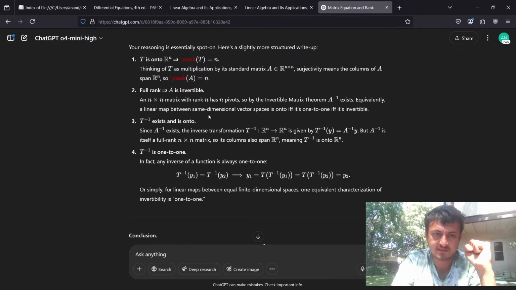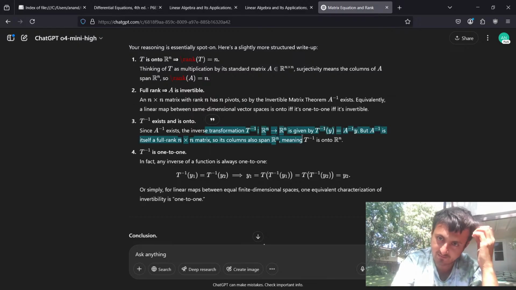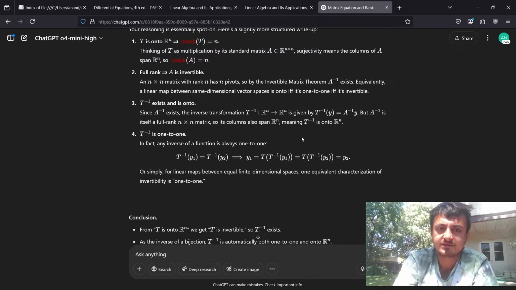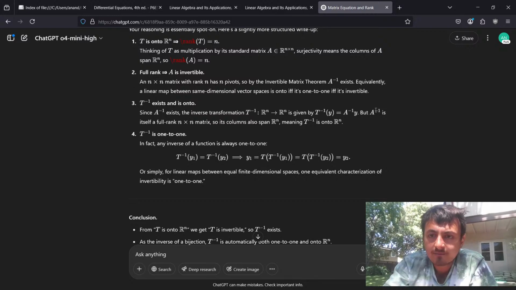Now T inverse exists. Since A inverse exists, the inverse transformation T inverse is given by its matrix. Yeah, so that's fine. But A inverse itself is full rank, so its columns span Rn, meaning T inverse is also onto.